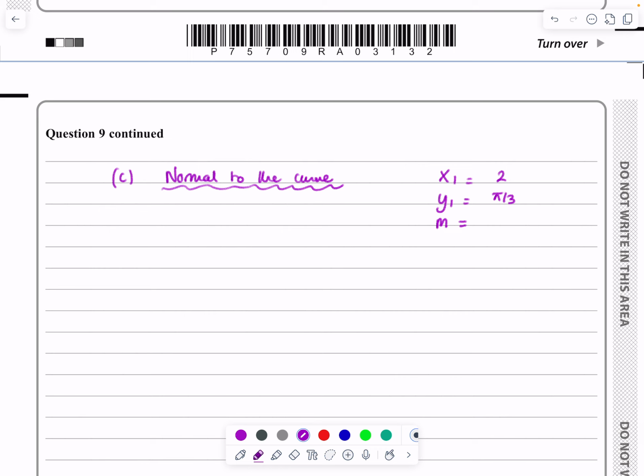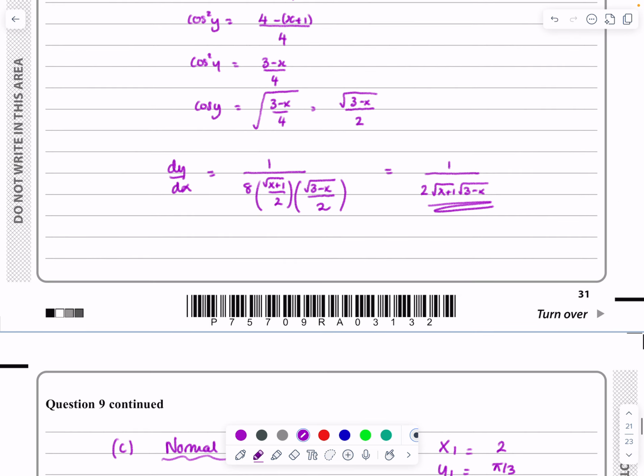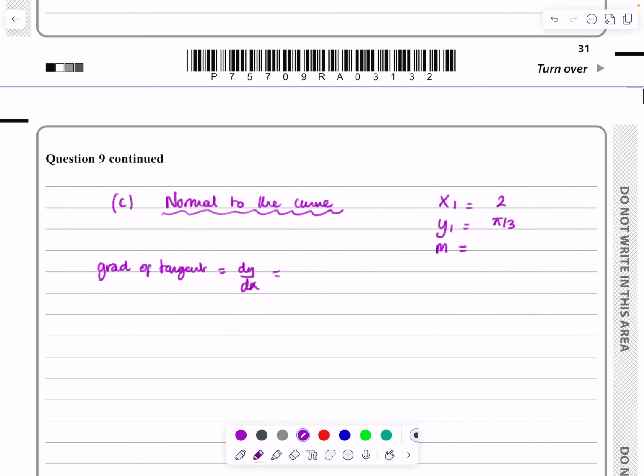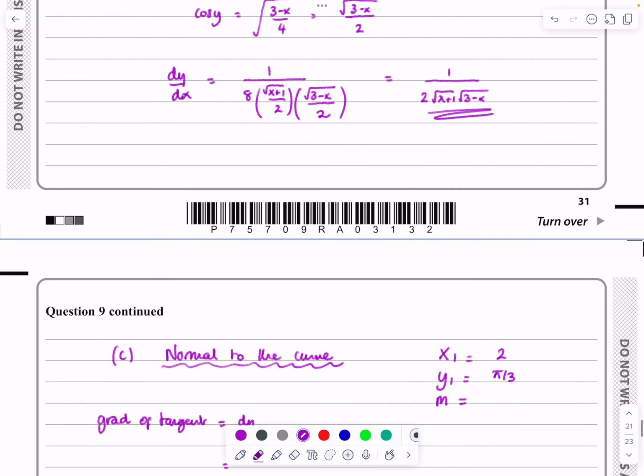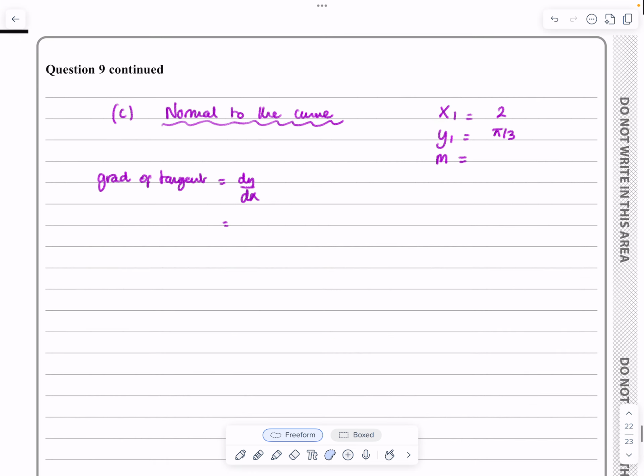Coming back here now, I can work out the gradient of the tangent. The gradient of the tangent, remember, will simply be dy by dx, and dy by dx was given by this bit up here. So there's dy by dx, and we know that x1 is equal to 2.